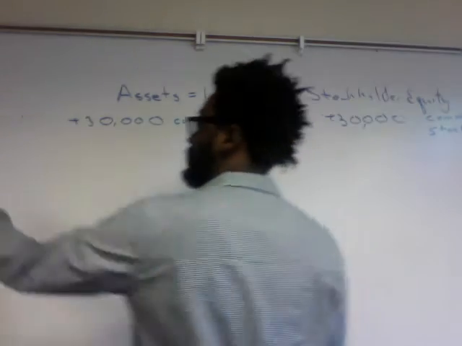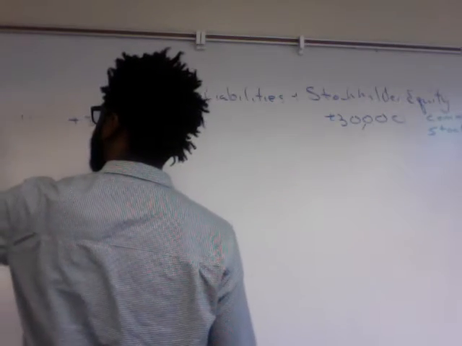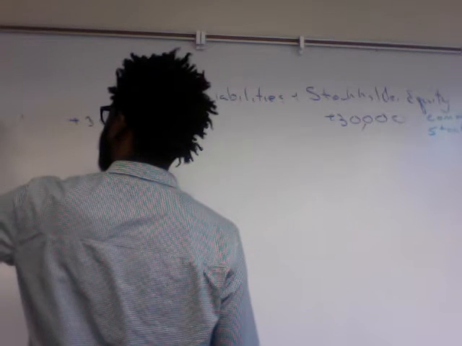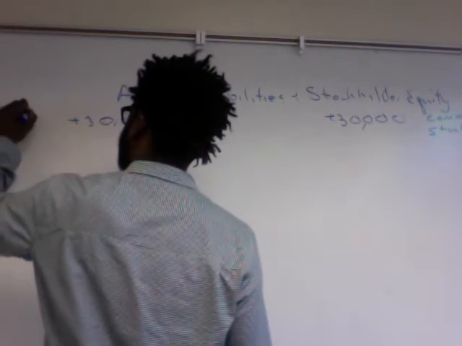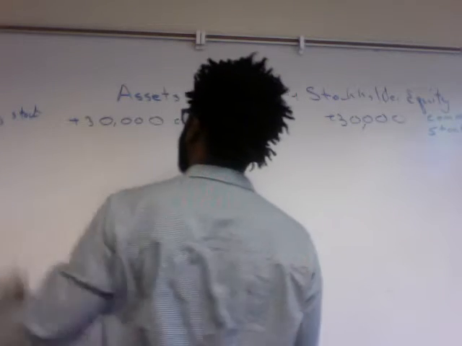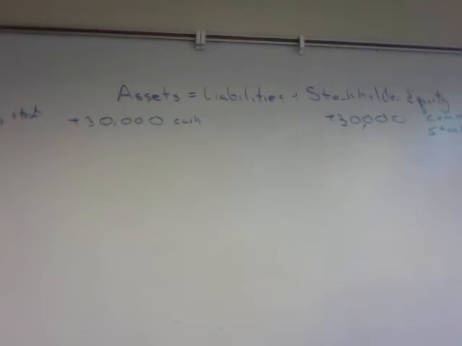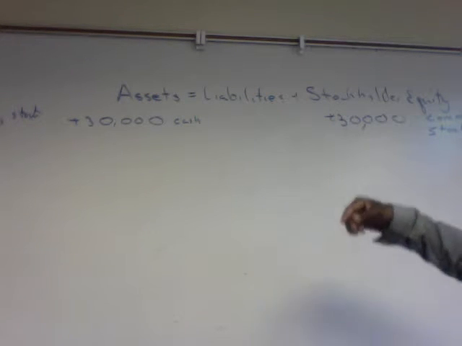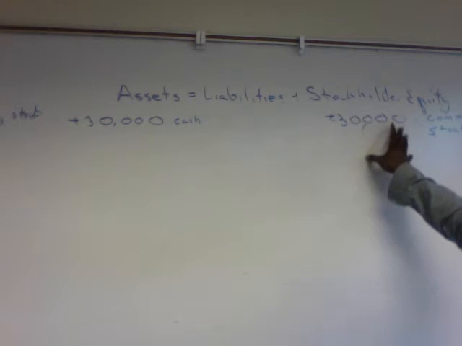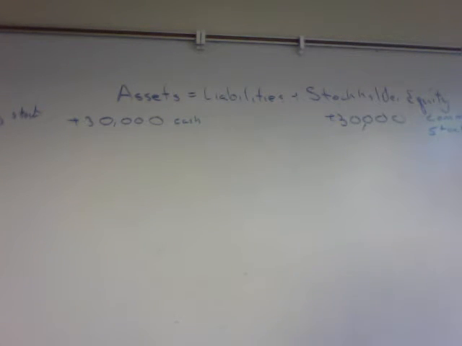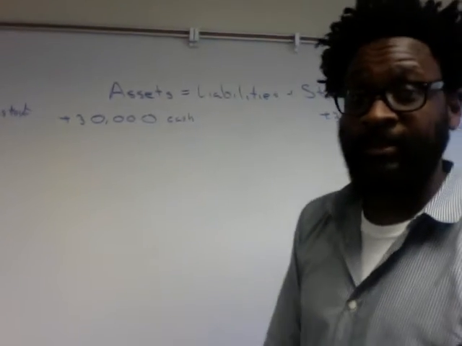And this was issuing stock. So cash went up $30,000, which is an asset. Common stock went up also $30,000, which is a part of stockholders' equity. Okay? Let's look at another one.